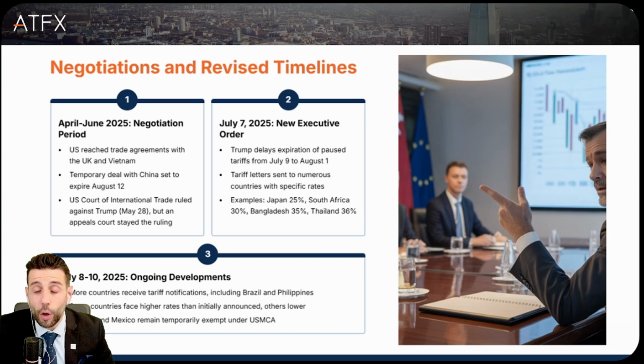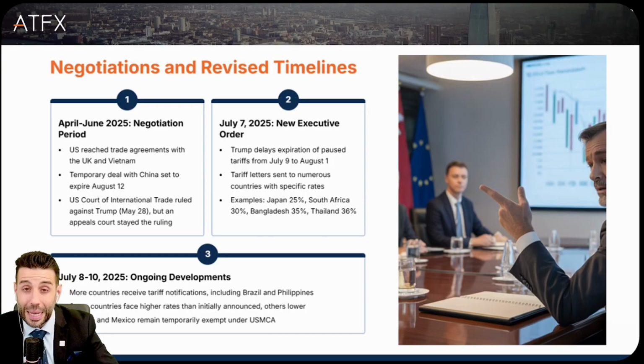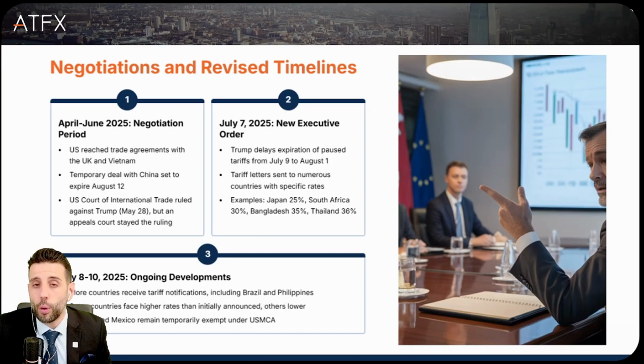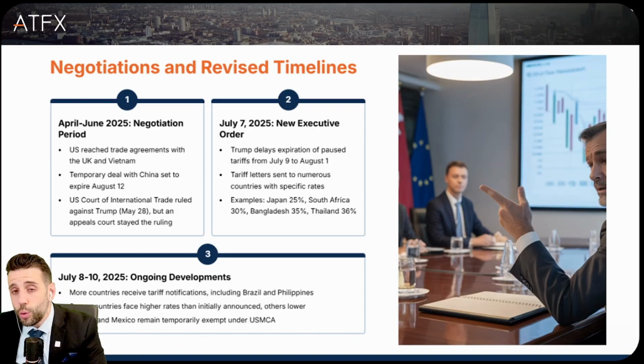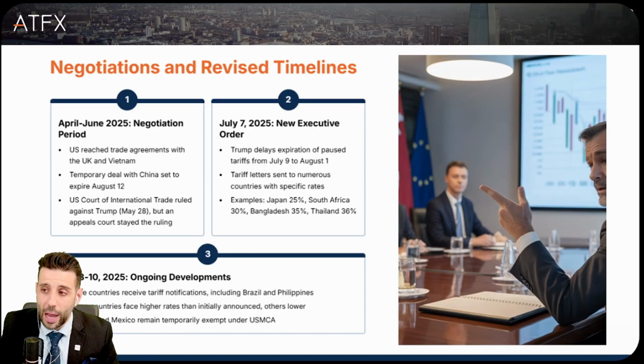So therefore, we have two main dates on the map for the coming weeks. First of all is the 1st of August, because that day, any country that doesn't have a clear deal done with the United States will face, theoretically, tariffs, right? And I'm saying theoretically because in theory, we were supposed to see that already on the 9th of July, and it didn't happen.